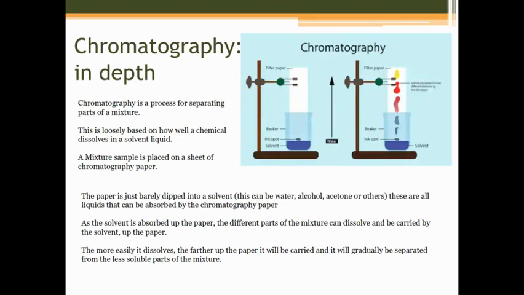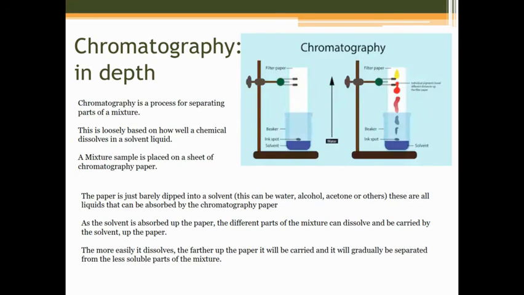You can have water as a solvent, you can have alcohol as a solvent. We use acetone as solvents. These are all liquids that can be absorbed by this filter paper, and it'll be wicked or sucked up through the paper almost like a paper towel that's just barely touching a liquid. It'll draw the water up through capillary action.